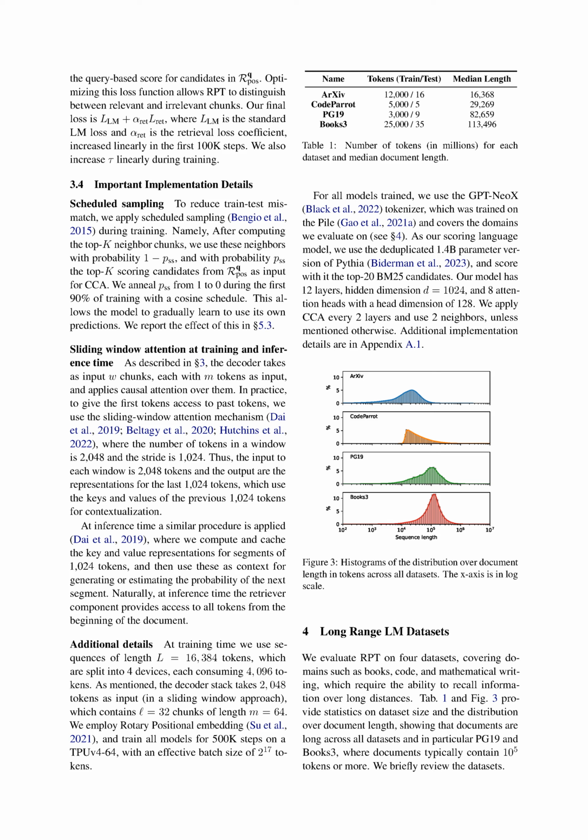Section: Additional details. We use training sequences that are 16,384 tokens long, divided across 4 devices, each handling 4,096 tokens. The decoder stack processes 2048 tokens at a time, following a sliding window method, breaking these tokens down into 32 pieces, each of which is 64 tokens long.